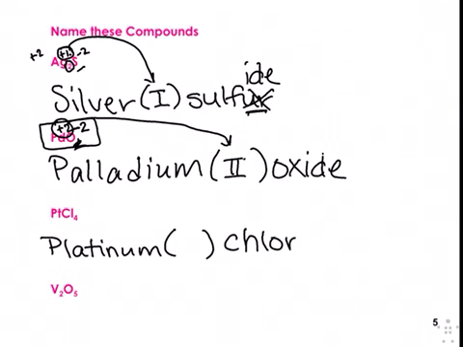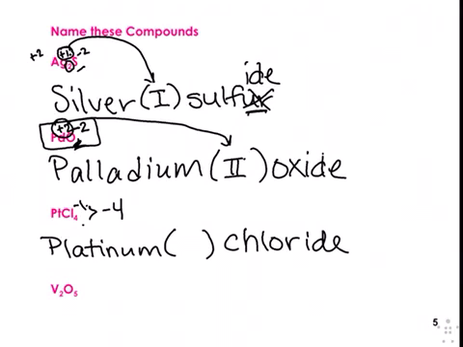Chlorine becomes chloride. What's the charge on chloride? Negative 1, for an overall charge of, taking into account the total number of chlorine ions. So 4 times the negative 1 gives us our overall charge of negative 4. So how many platinum ions do we have in this particular example?